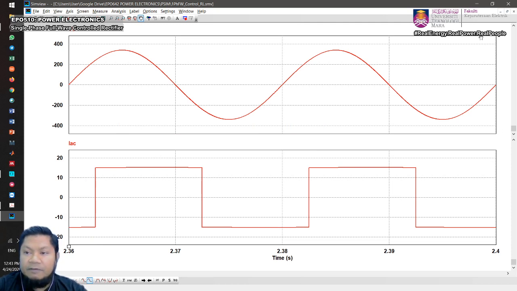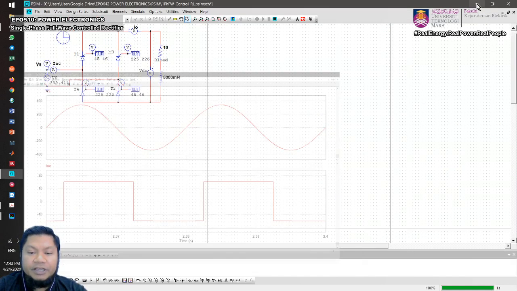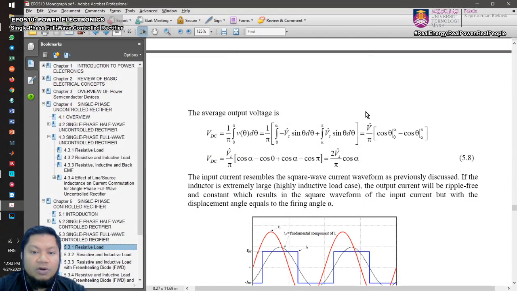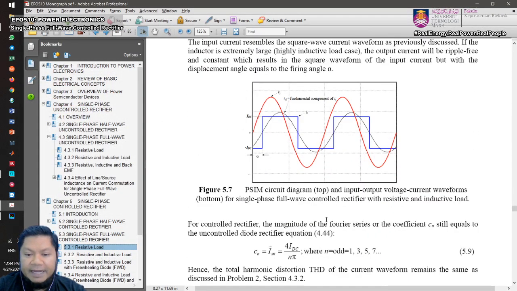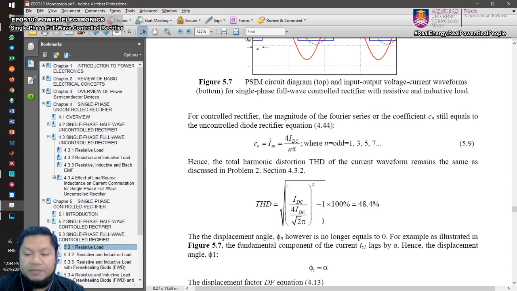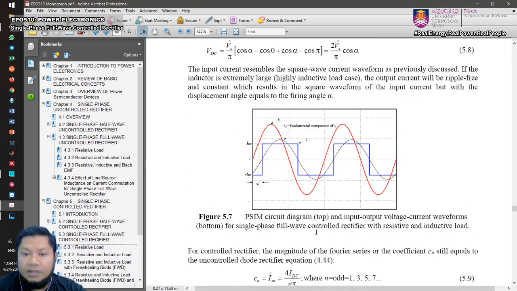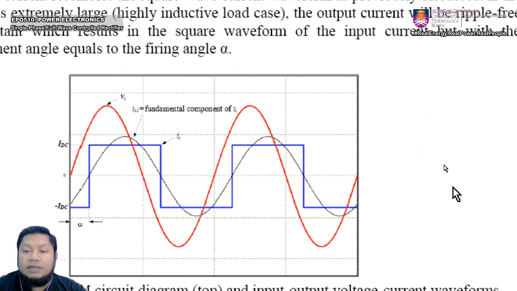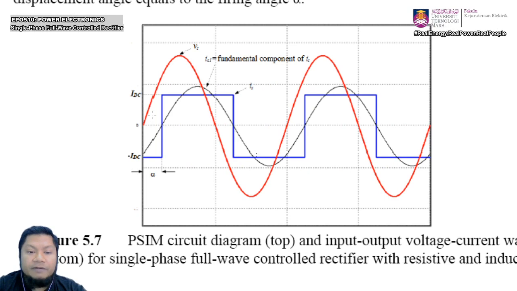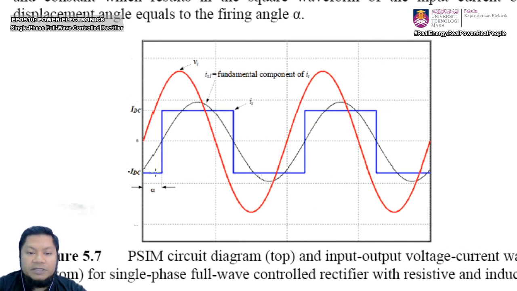But in terms of phi n, it's a bit tricky here because it's no longer 0. The angle of the harmonics is no longer 0. So if you refer to that particular circuit waveform here, in this waveform we have the supply voltage, and then the blue waveform is your current waveform from just now.